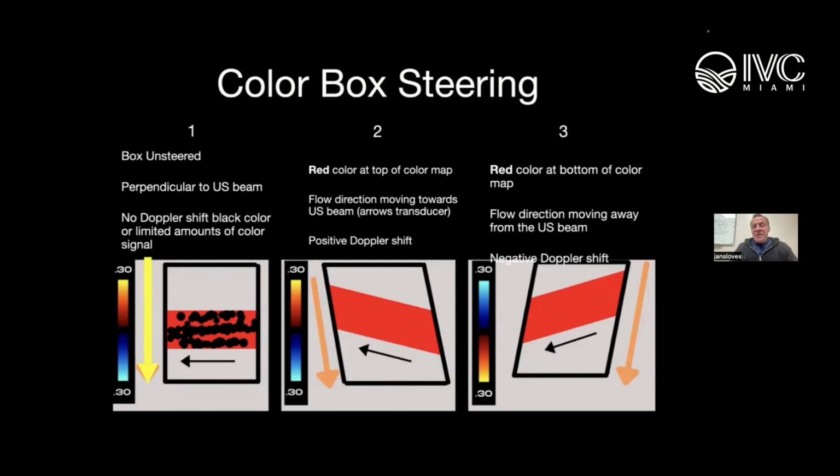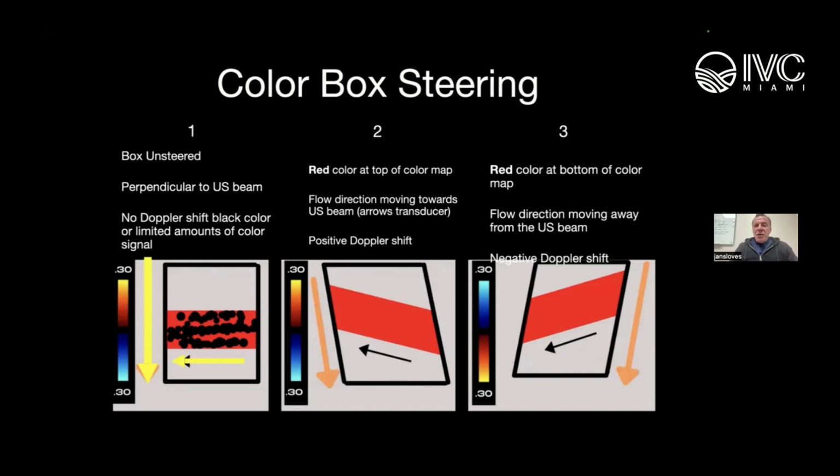What often happens in this scenario, and I do have some examples a little further out, is that you don't have a Doppler shift or you have a very limited amount of color signal. That could be problematic because somebody interpreting that could think, depending on the scenario, that there may be something going on intraluminally where you don't have color filling per se.